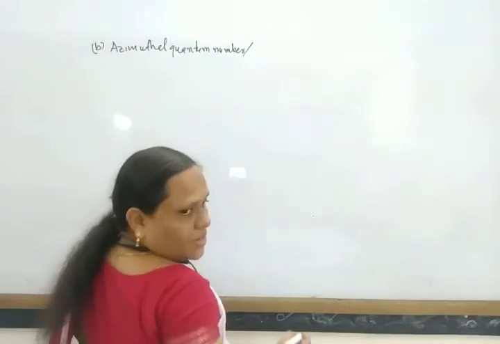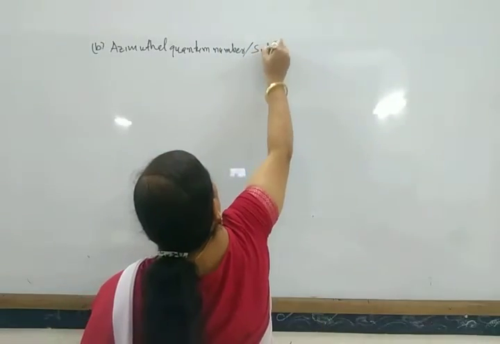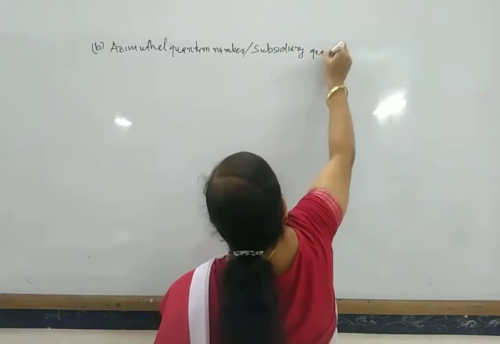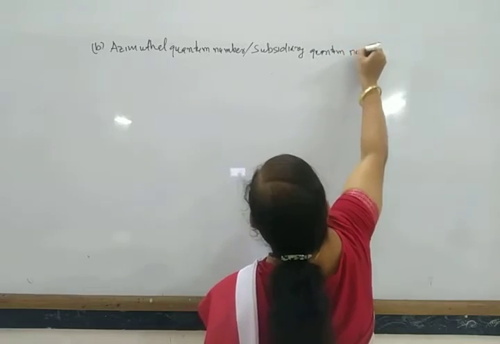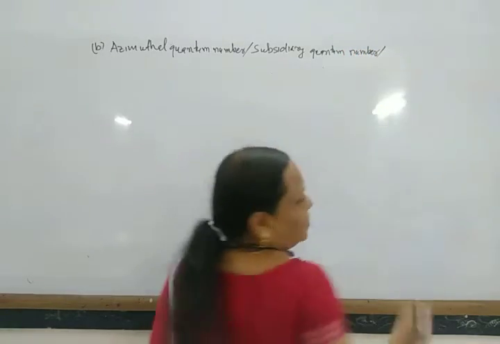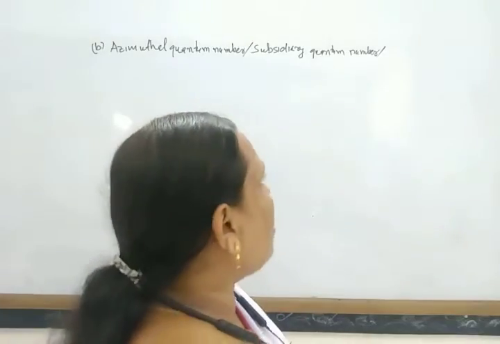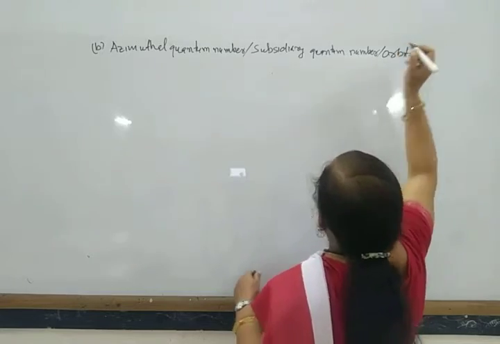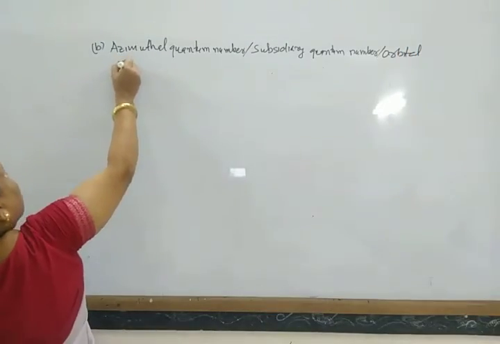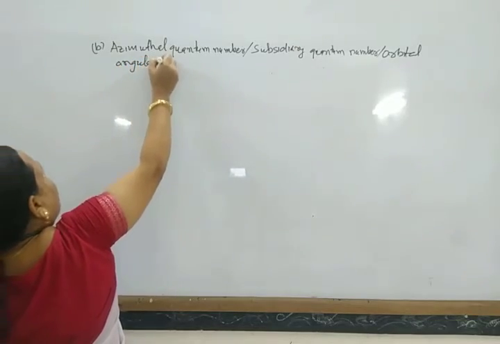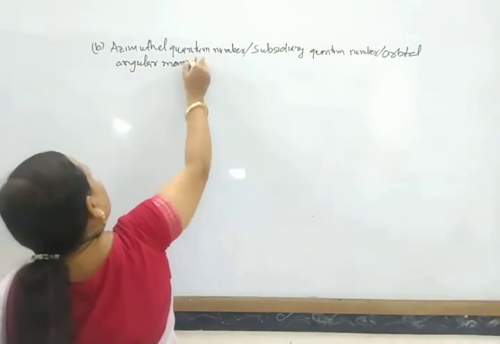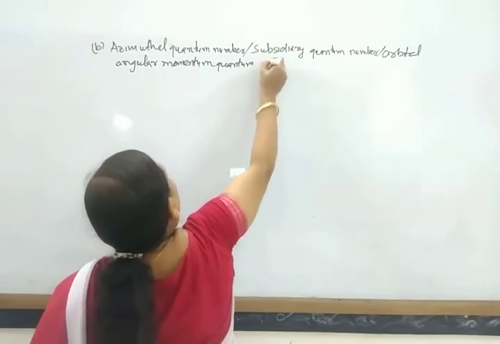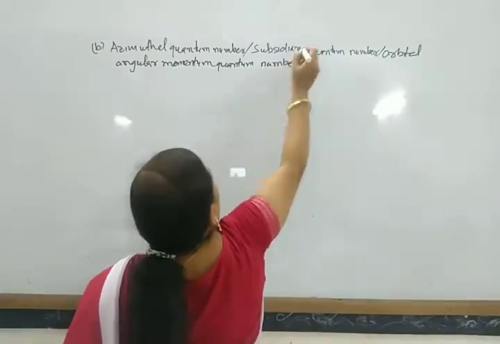This is also known as the subsidiary quantum number, also known as the orbital angular momentum quantum number.